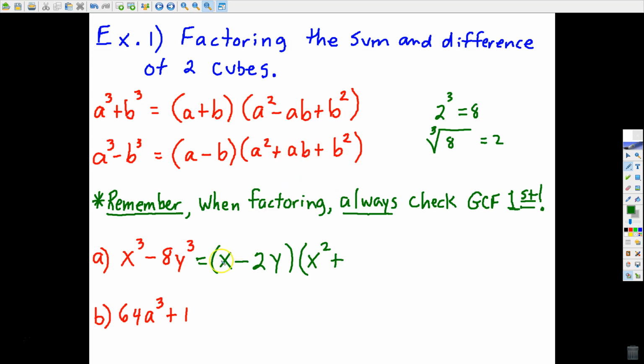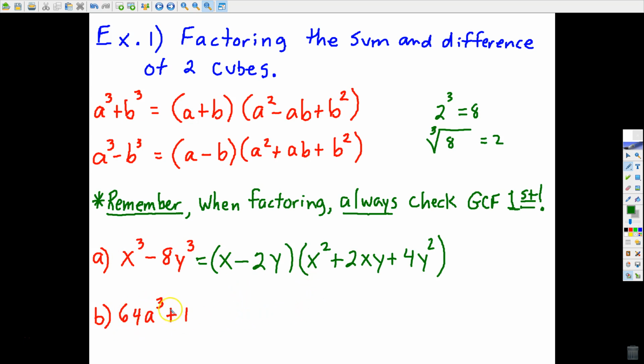This indicates that I need to take the two terms that I have in this binomial and multiply them together. And when I do that, I get 2xy. Follow that with a plus sign, and this tells me to take the second of these two terms, this b term, 2y, and square it. And when you take the product 2y and square it, it becomes 4y squared. And this represents the factoring of this difference between these two perfect cube terms.